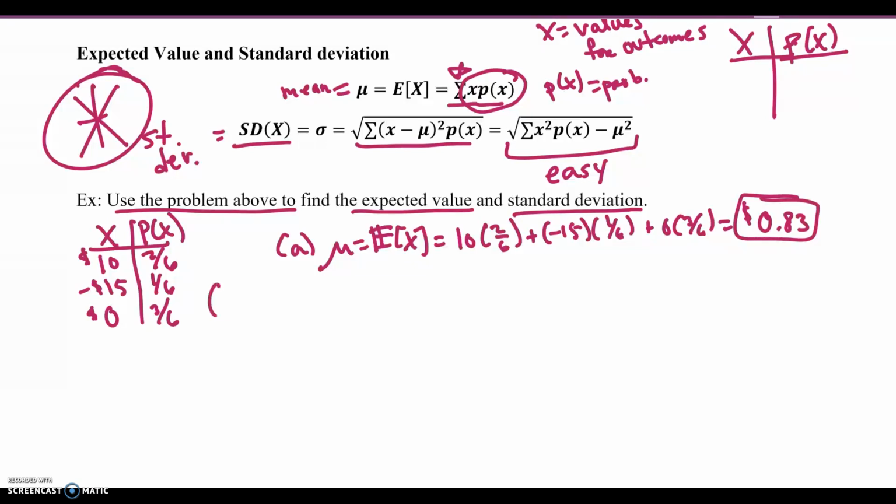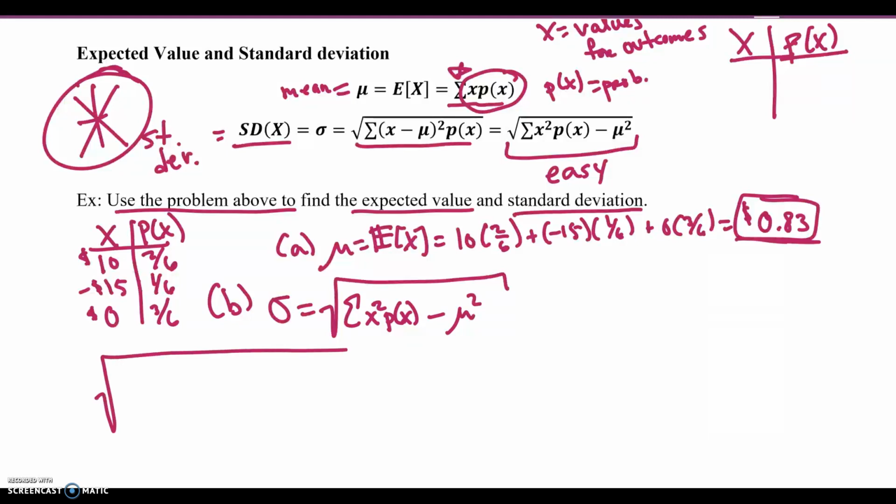Now my standard deviation, sigma, is going to be the square root, and I'm going to use the easy one. I'm going to add up all the squared x's multiplied by the probabilities, and then after that I'm going to subtract the mean, which is this 0.83, squared.